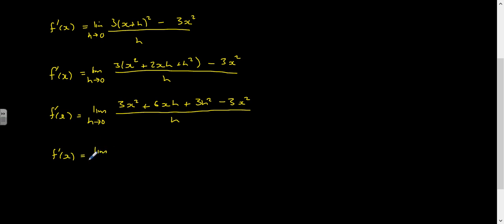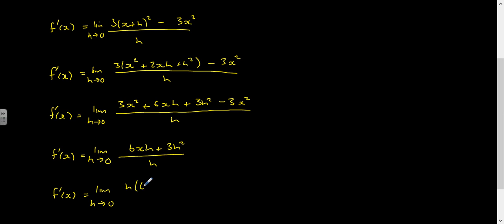So we can see that the 3x squared here subtracts this 3x squared, and so all we're left with is 6xh plus 3h squared divided by h. And then what we do, and we always do this bit, is we factorize that numerator by taking h out as a common factor.